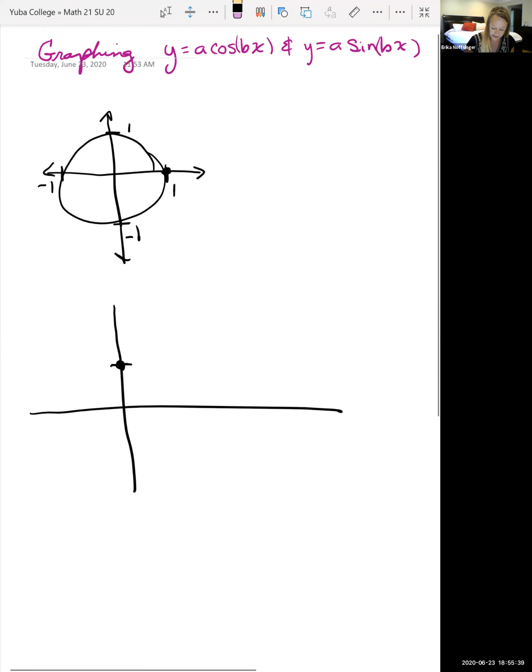We know that when x reaches pi halves, so cosine of pi halves, notice that we have a value of 0. When we go to pi, our value for cosine of pi is -1.